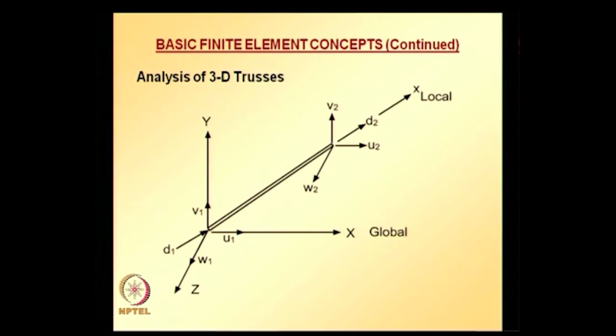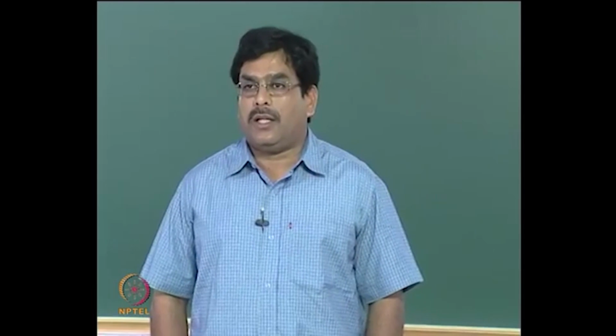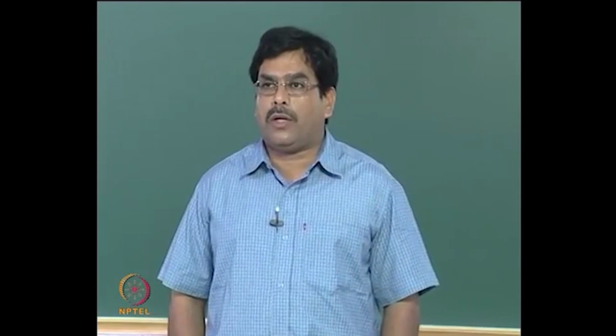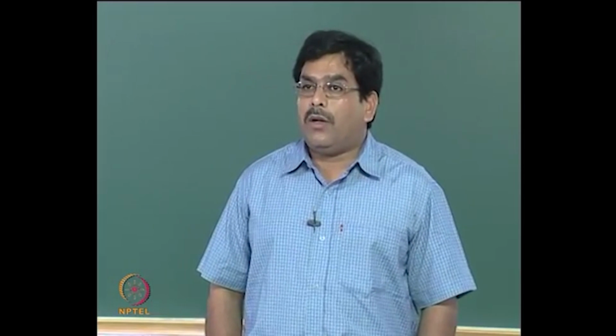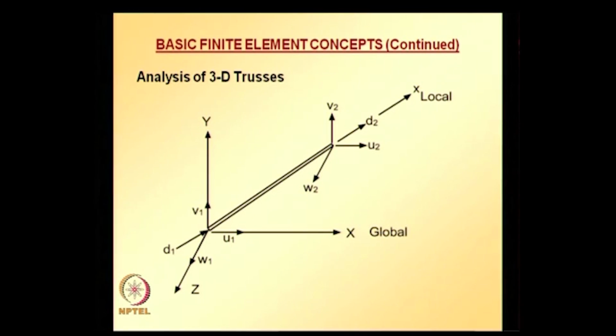So, the local displacement vector consists of 2 components d1 d2, and the global displacement vector consists of 6 components u1 v1 w1 u2 v2 w2.